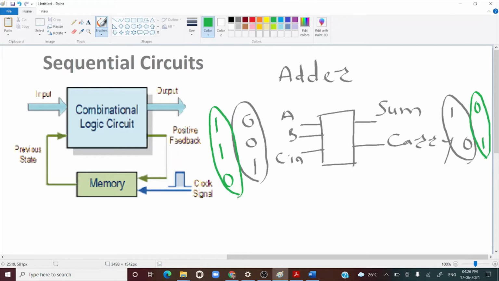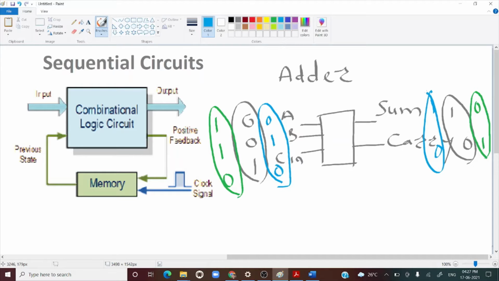Then after that, if I apply any random input such as 0, 1, 0, again the sum will be 1 and carry will be 0. Now you can see that there is no impact of the previous inputs and outputs.